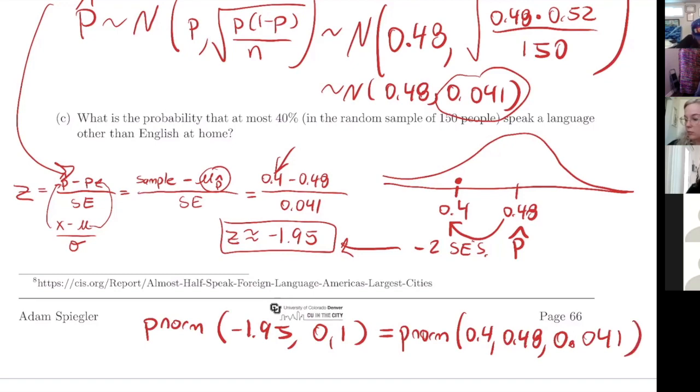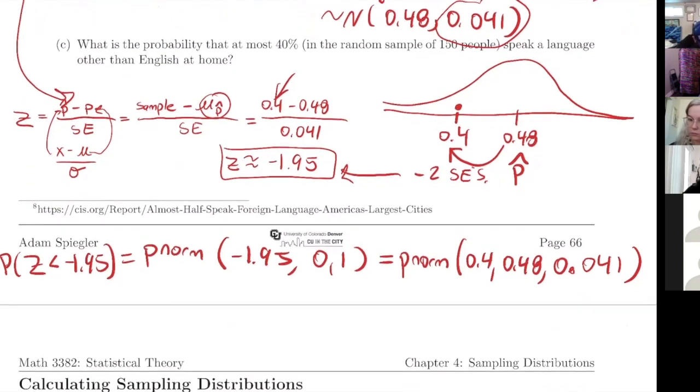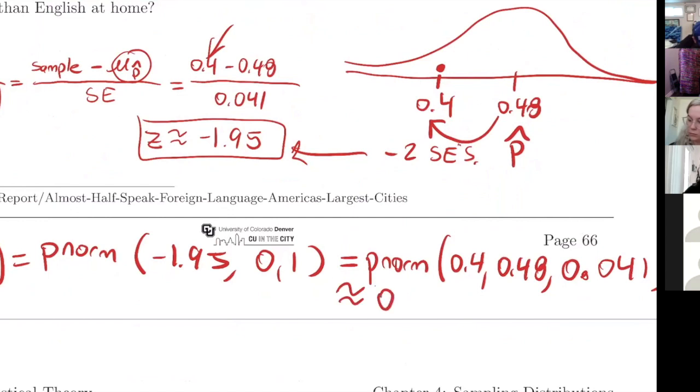We could have just used the sampling distribution and worked with that and used p-norm for that. So remember, with the p-norm function, it tells us the area below, and that's exactly what we would want here. So for those that worked on the quiz, hopefully you all did, your answers might vary depending on how you rounded things off, but it should have been somewhere around here.